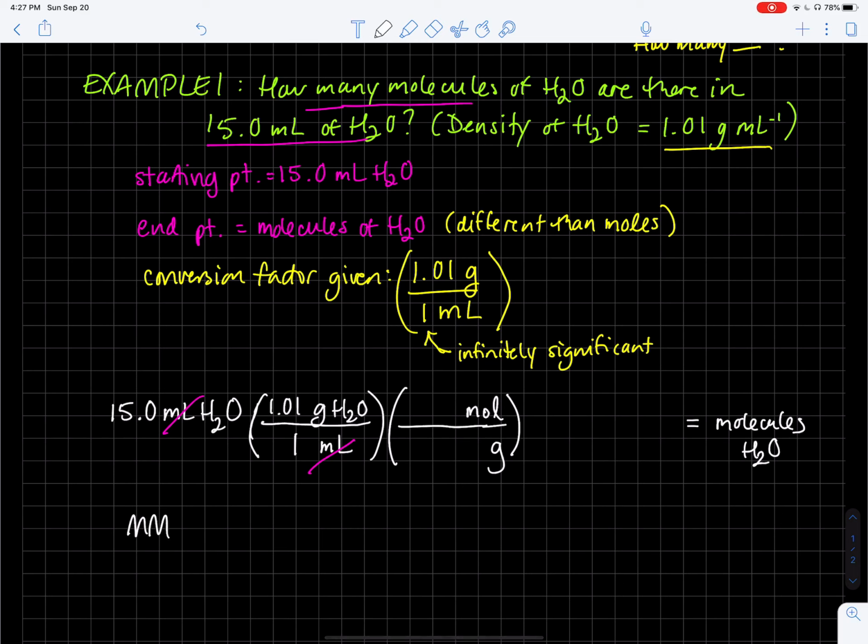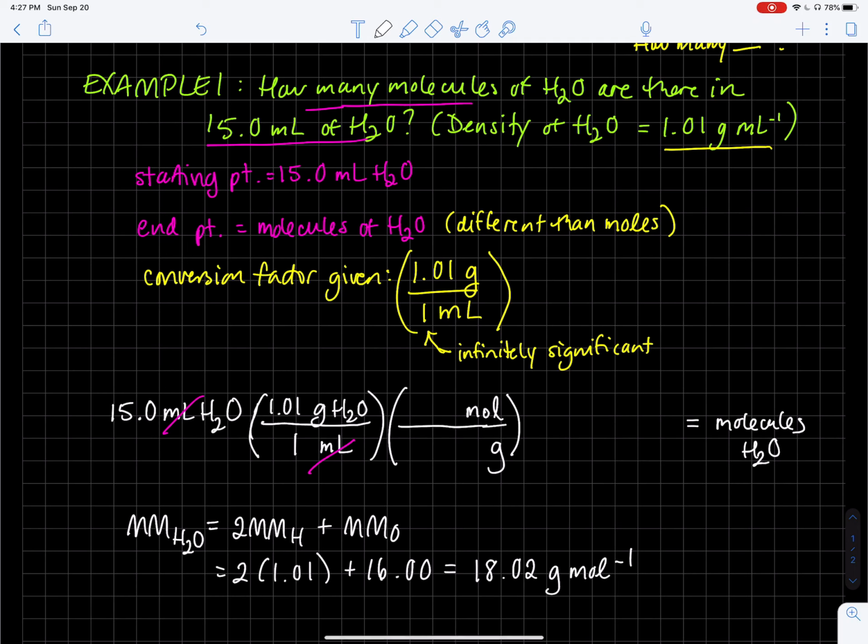So the molar mass of any compound is a conversion factor. I'm going to have to calculate this one because it wasn't given, but I can do that. That will be, if you look at your periodic table, this. So I'm filling this in, and this comes out to 18.02 grams per mole of water. So 1 mole of water is 18.02 grams.